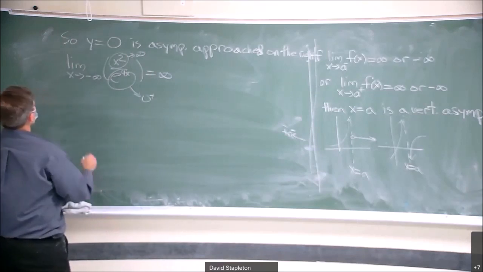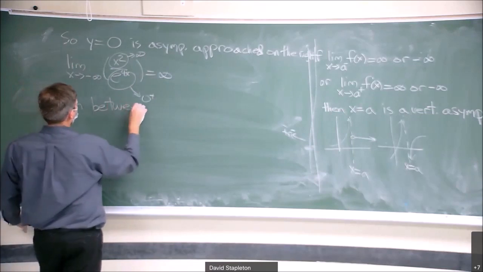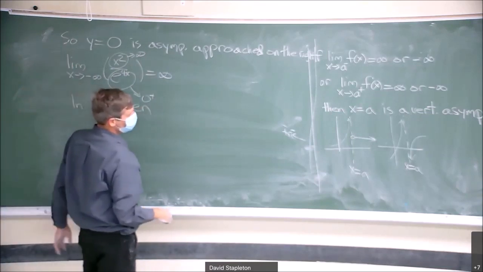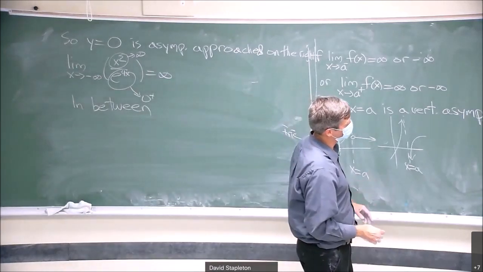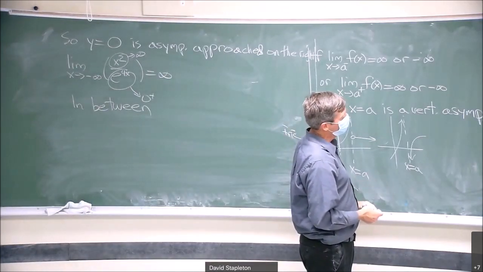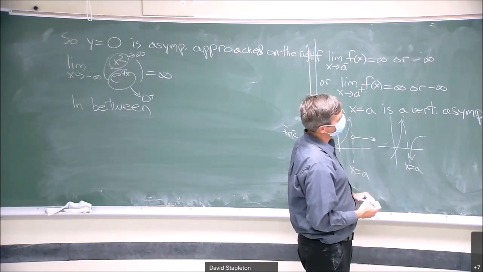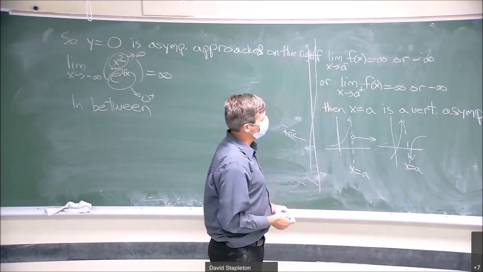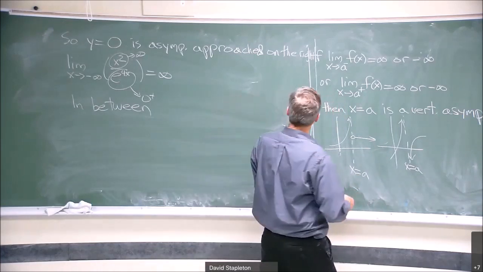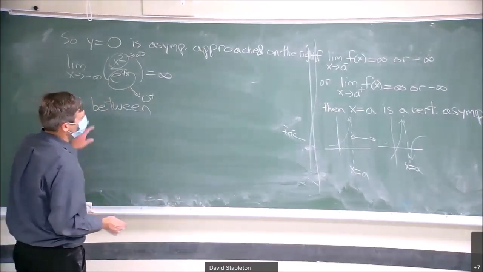What's going to happen in the middle? In between, we can look for any symmetries. Well, this isn't an even or an odd function, right? If you replace x by minus x, you don't get the same function back. Replace x by minus x and y by minus y, it still doesn't work. So it's not even or odd. We don't have any vertical asymptotes because the function doesn't go to infinity or minus infinity anywhere in the middle. So we're down to the last part here.